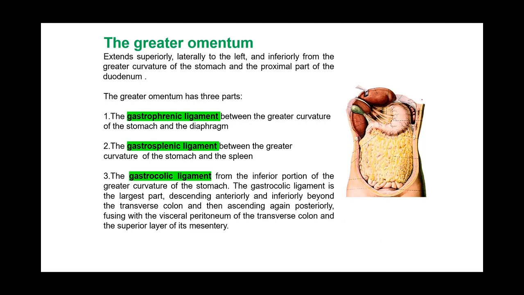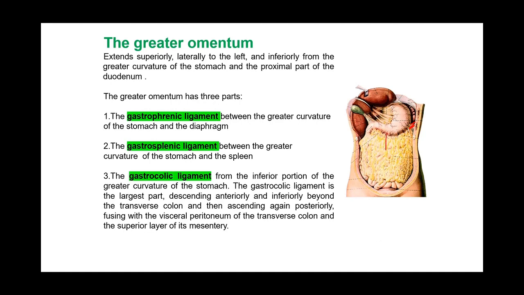The gastrosplenic ligament, okay, between the greater curvature of the stomach and the spleen. So the gastrosplenic ligament is derived from the greater omentum. The gastrophrenic ligament is derived from the greater omentum.